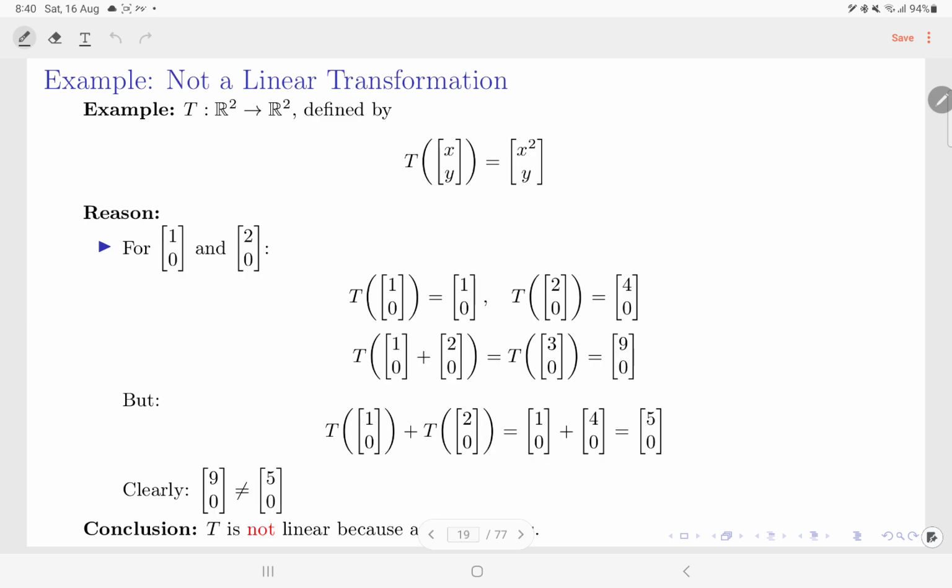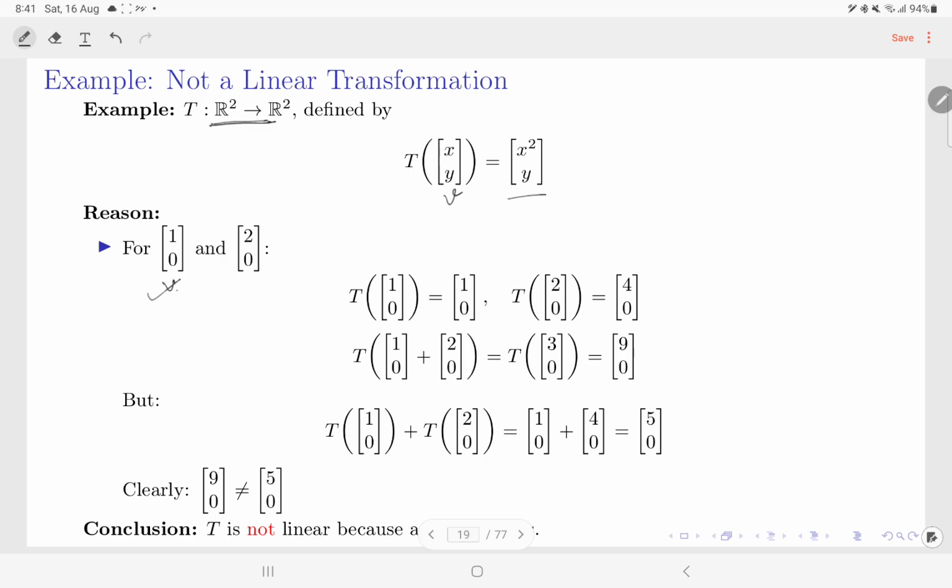Now let's say this is your transformation T from R2 to R2 for the second example. When a vector, let's say this is a vector V, we transform it as x squared, y. So this is not linear. How? You can just give a counter example. No need to solve it fully, or you can even show the above steps and show whether this is linear or not. Here I am solving for a given example.